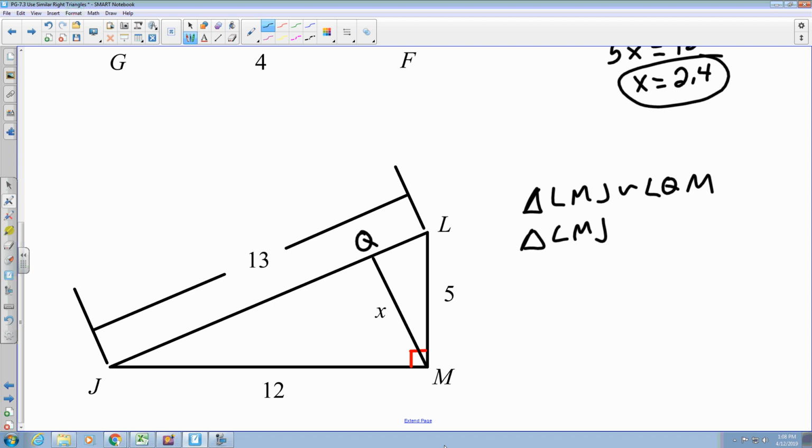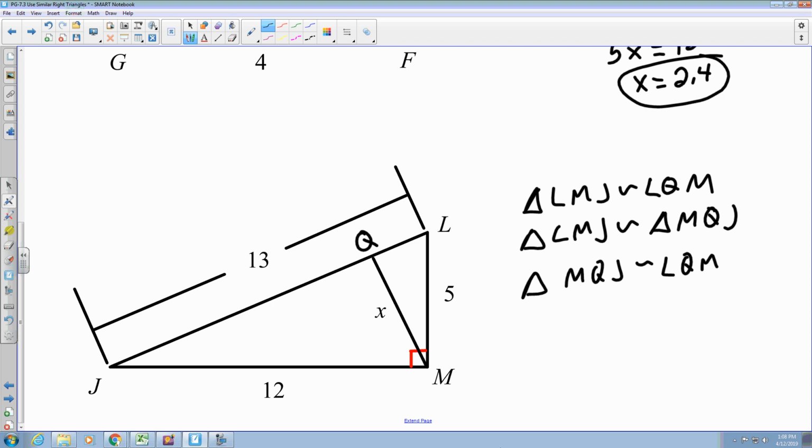Triangle LMJ is going to be similar to, so it's got to be short leg, so it's short leg, LMJ. So in this case, it'll be triangle MQJ. And then the final one would be triangle MQJ will be similar to triangle LQM. So those are the three similar triangles.